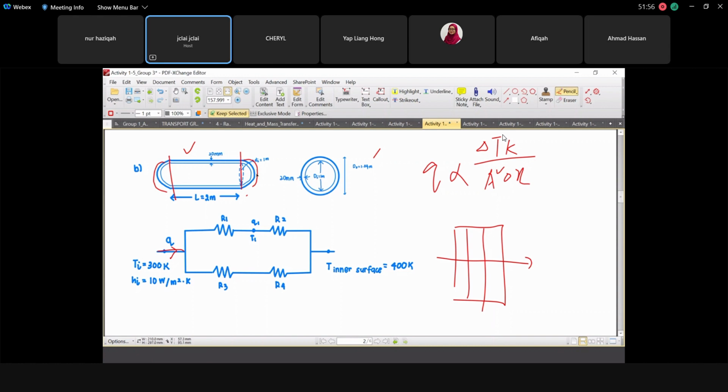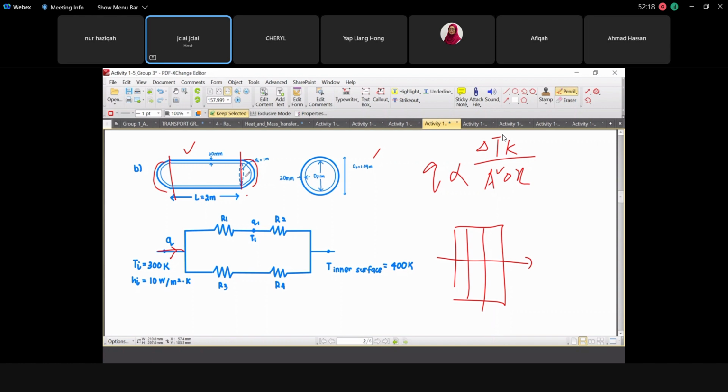Part number two is through the sphere. You also learned in the derivation that the way you calculate Q passing through a cylinder and Q passing through a sphere is different.